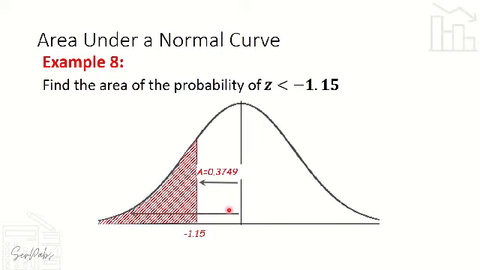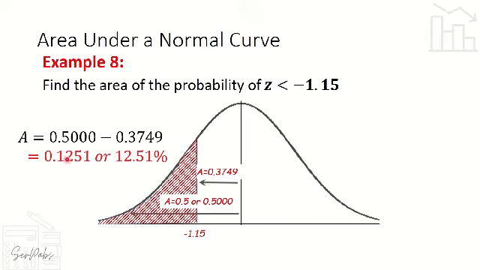So the area of all negative Z-score is equal to 0.5 or 50%. Ang gagawin natin, ibabawas natin yung area ng 1.15 dahil siya yung area na walang shade. Hindi siya kasama, so ibabawas siya. Subtraction naman tayo dito. So, 0.5000 minus 0.3749 will be equal to 0.1251 or 12.51%.